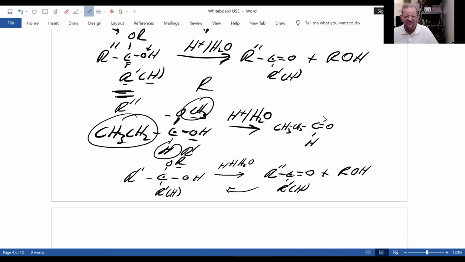And R, which goes here, is methyl. So we get methanol. And here's what you get. Remember, the carbon in R, in this case we only have one, that has the bond to the oxygen is the carbon in R that has the hydroxyl group.